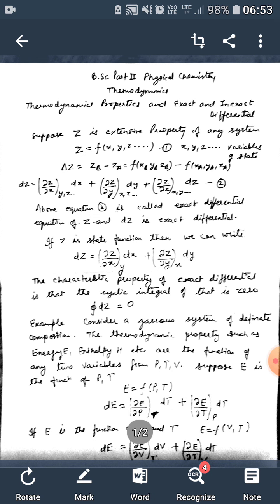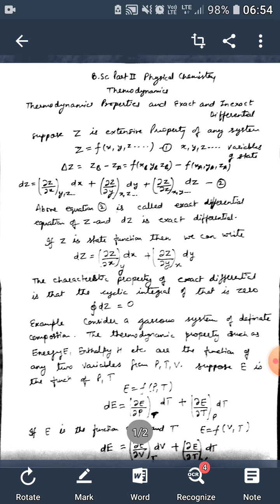Also the exact differential of Z, that is dZ, is equal to del Z upon del x at constant y and z into dx plus del Z upon del y at constant x and z into dy plus del Z upon del z at constant x and y into dz.